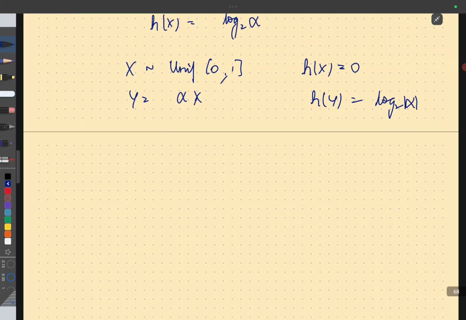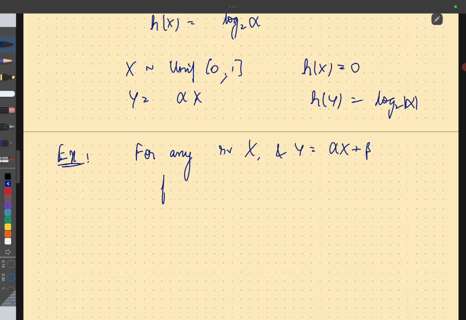In fact, here's an exercise for you. For any continuous random variable x and y equal to, say, alpha x plus beta for some real numbers alpha and beta, find the differential entropy of y in terms of the differential entropy of x.